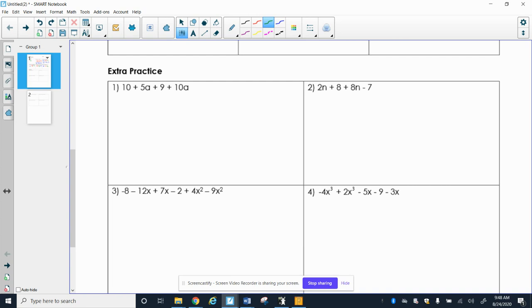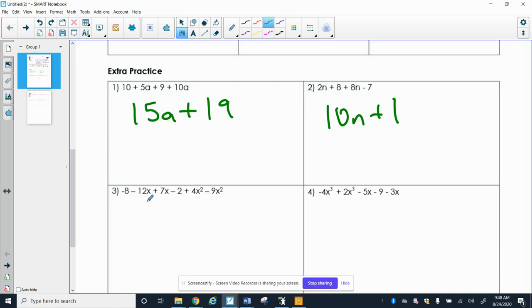Okay, let's see how we did. So we combine these. These are going to be our answers for this one. We have 15a plus 19. Number 2, should have got 10n plus 1.